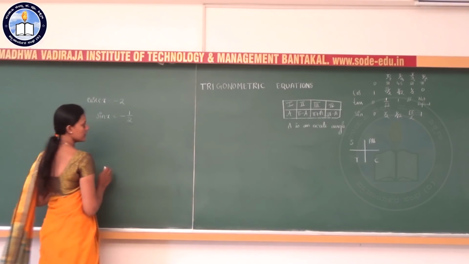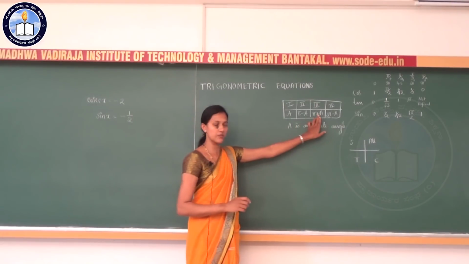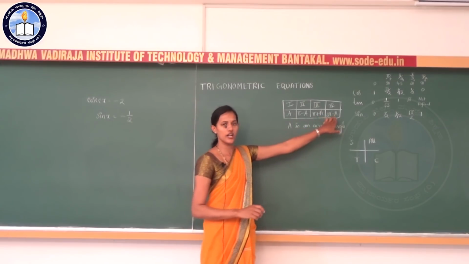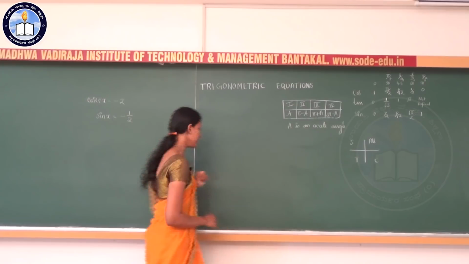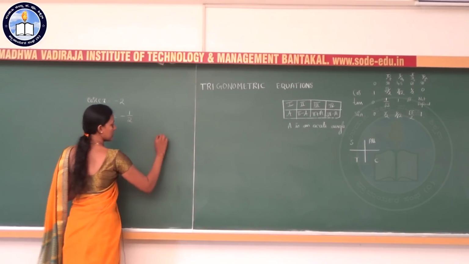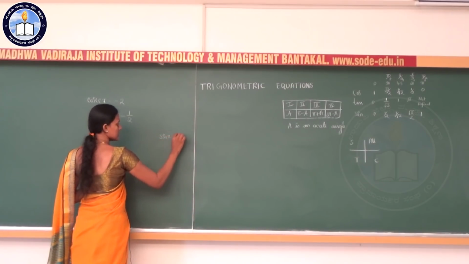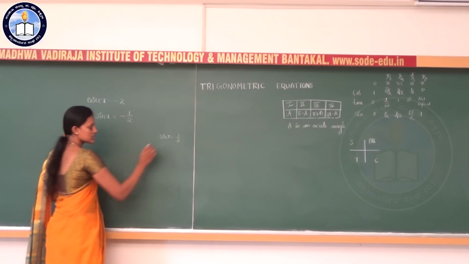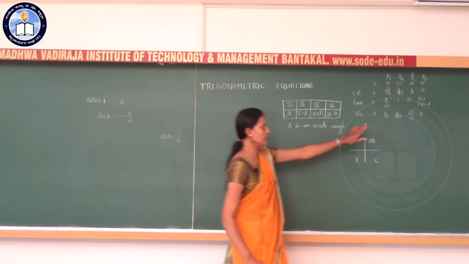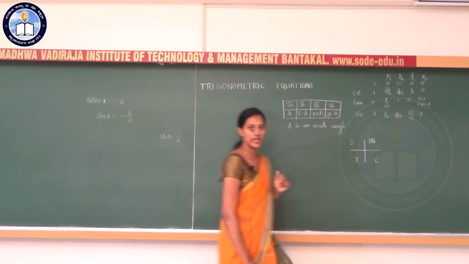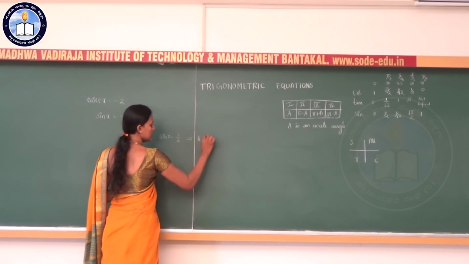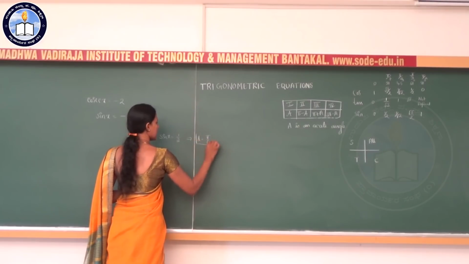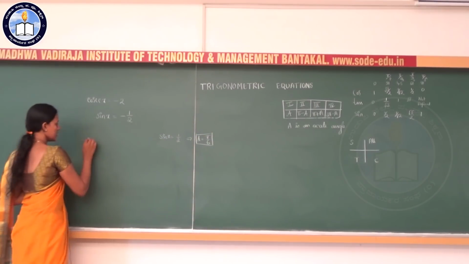So, we will have the principal solutions as pi plus A and 2 pi minus A, where A is the acute angle. So, to get the acute angle, we will take sin x as plus half. Sine of what is half? Sine of pi by 6 is half. So, the acute angle is pi by 6.